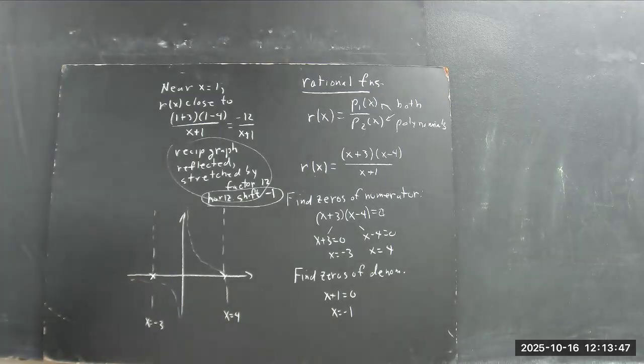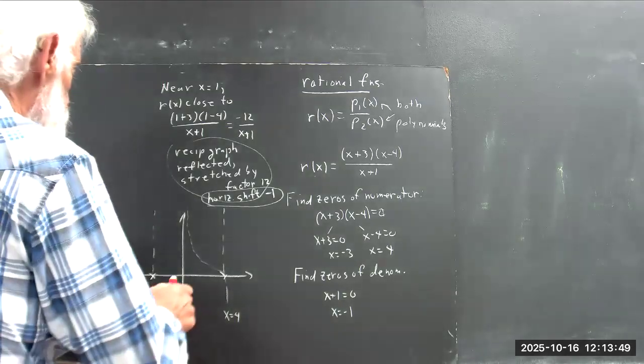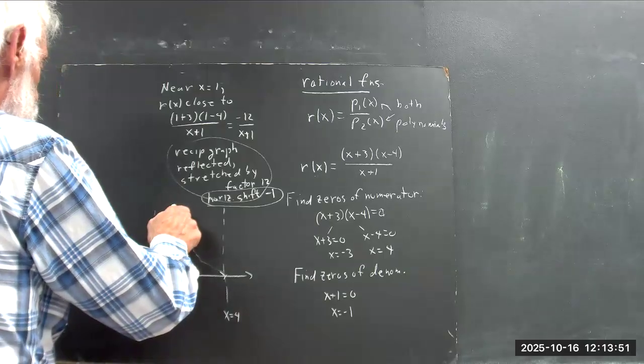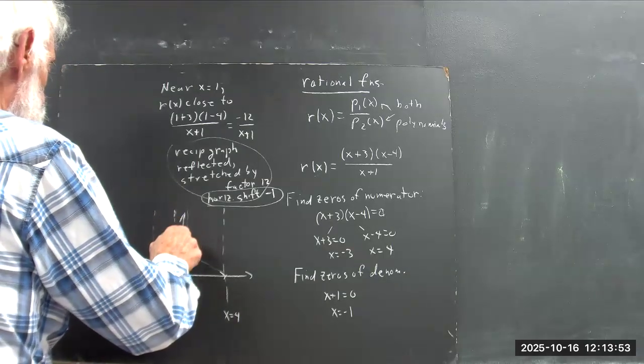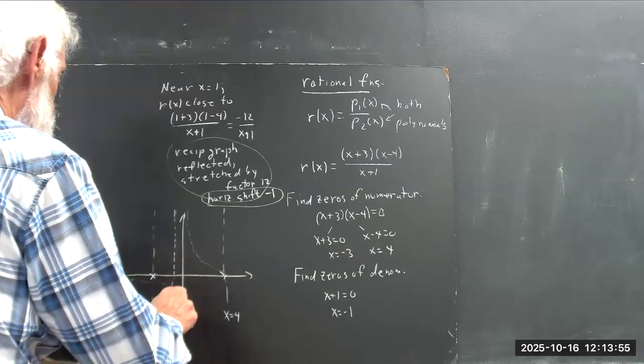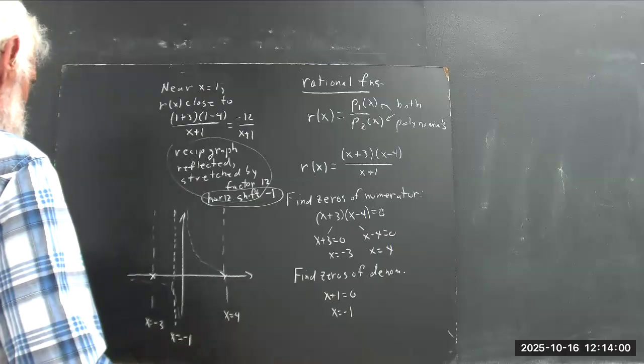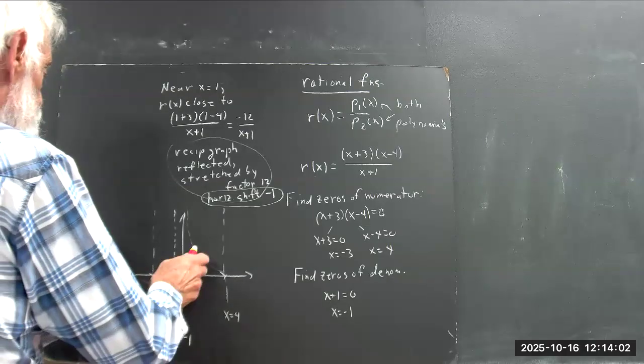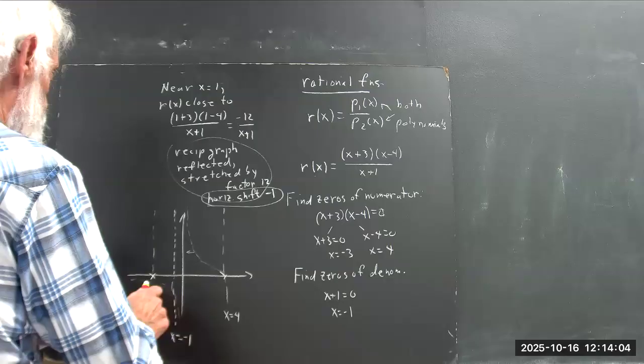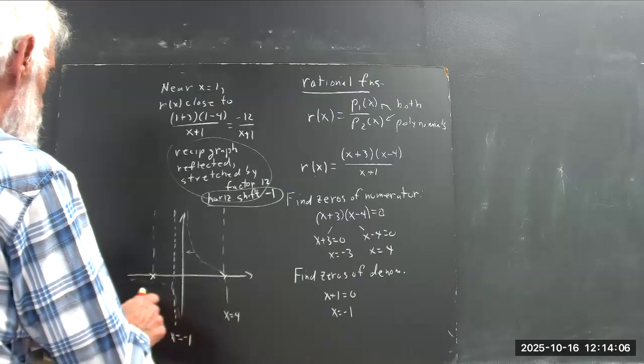Okay. And we shift it over so that the asymptote is not the y-axis, but the line x equals -1. So we shift this over, we shift this part over.